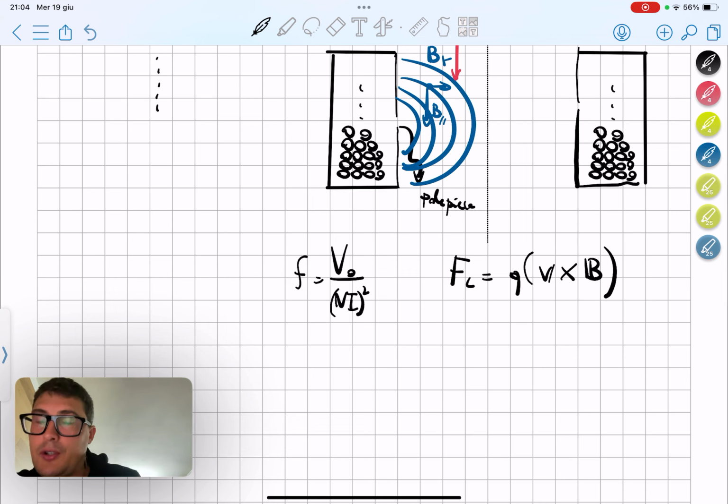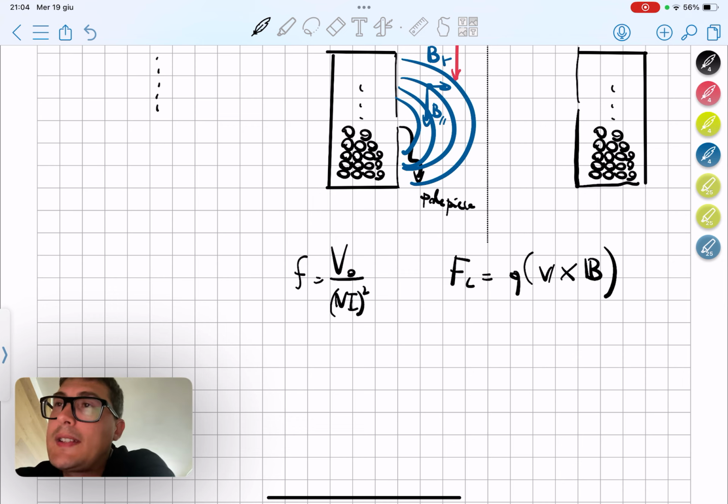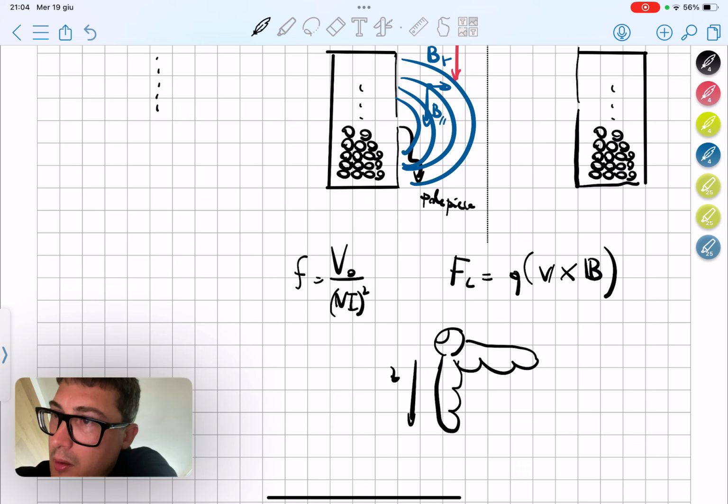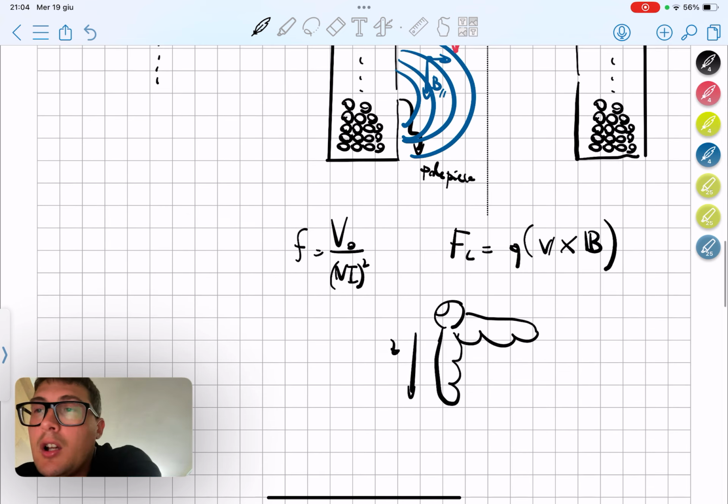Of course, you will need to use the right-hand rule to understand the direction of these forces. You put your index finger in the Z direction, pointing down. Then your middle finger goes as the radial, and your thumb is going outside from the screen.